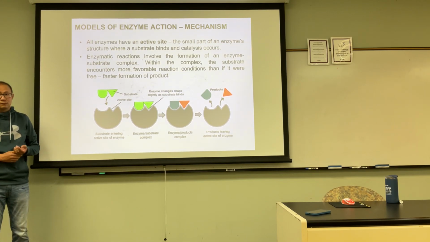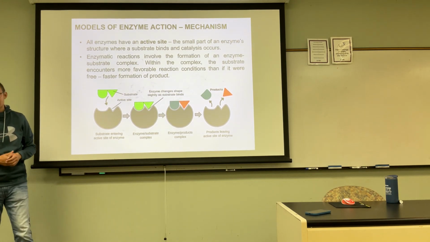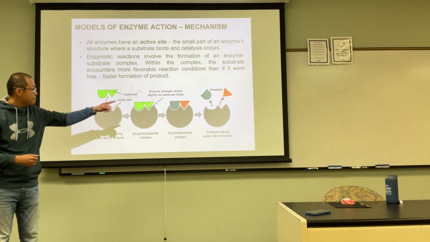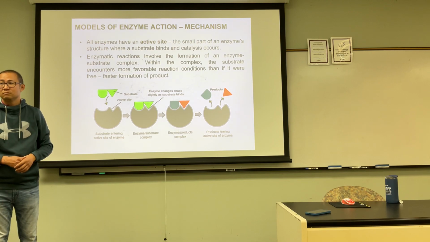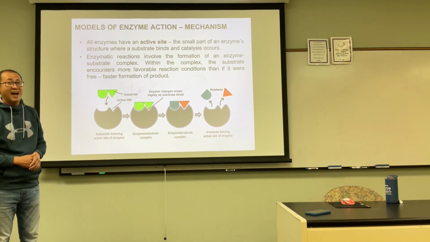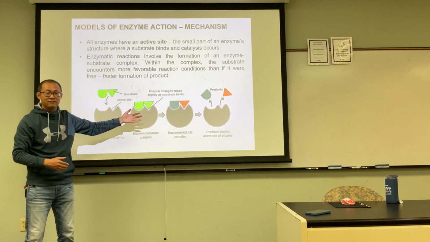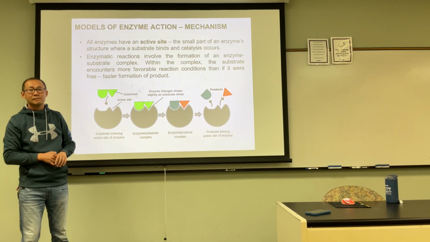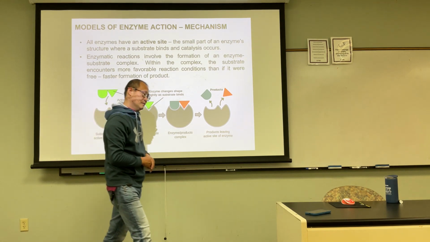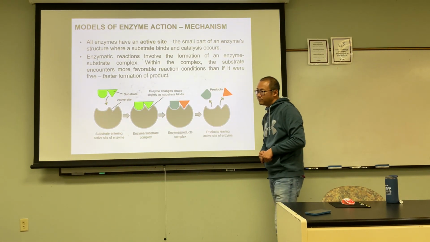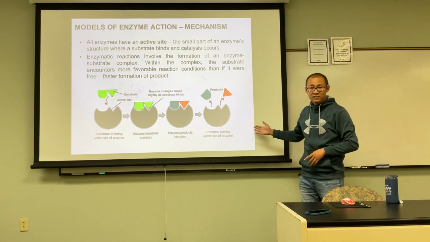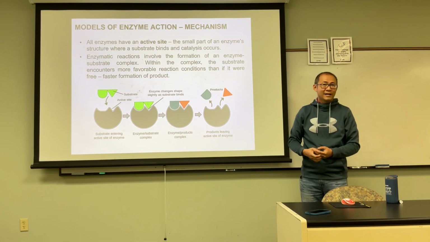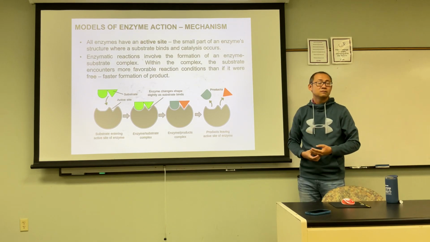That's why we don't need a lot of enzymes in our system: enzymes can be recycled. And of course they do this fast. In 5 seconds, they have probably done millions of reactions already. This is the very basic, fundamental mechanism of the reaction.